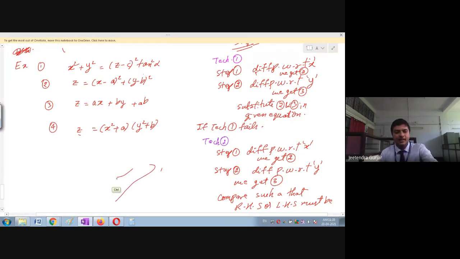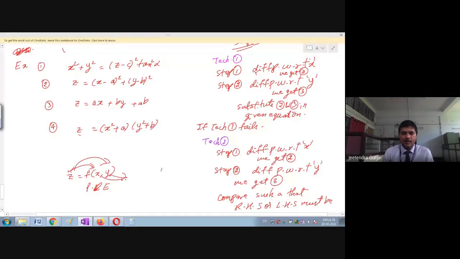See here, I'll make you remember once again. A PD is a function of Z, which is equal to a function of X and Y. This is what the PD is, right? We have just discussed. So what it says, Z is a variable that depends on X and Y, where X and Y are independent variables.